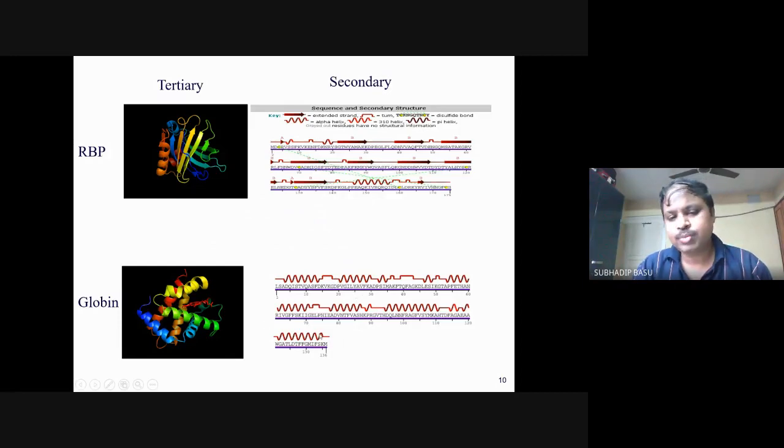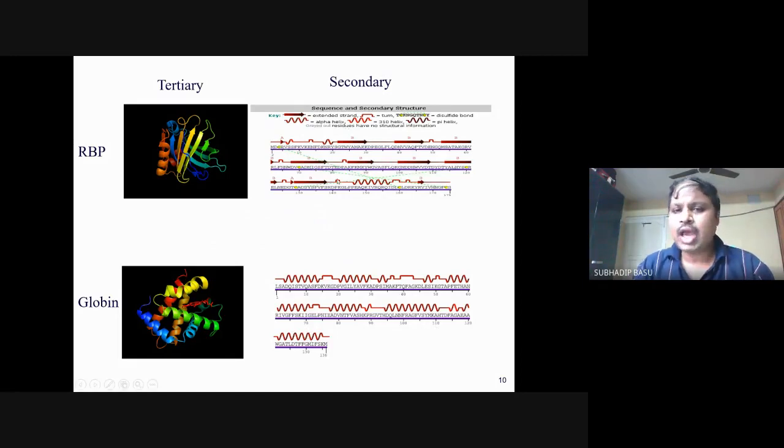In the case of a globin, you have a lot of helix and absolutely no beta sheet. So different types of proteins can also be categorized based on the structures they have. For example, this protein has only helical structures and absolutely no sheet. There is a turn, and there are several turns, and there are only helices.